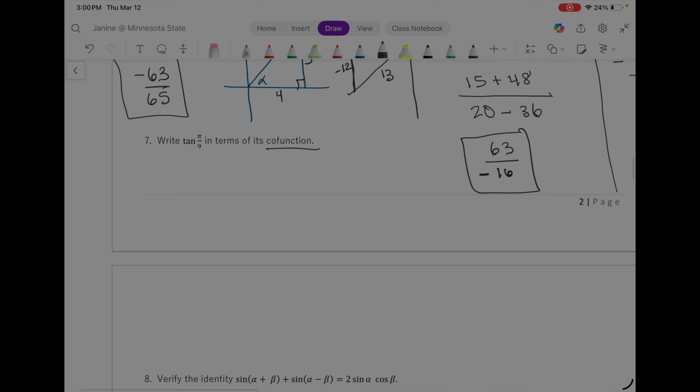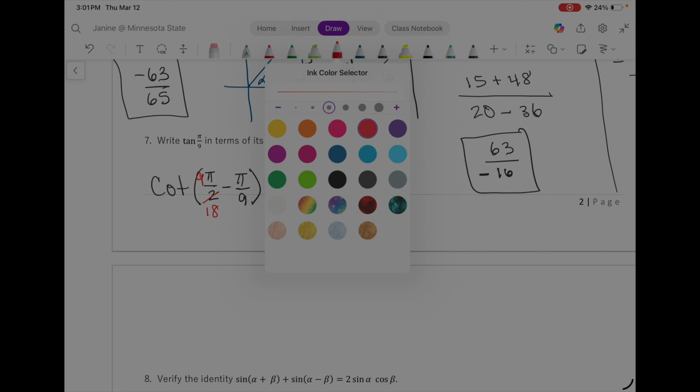The complement is you take your pi over 2, you get rid of that angle, and you see what's left. We'll have to get a common denominator, which will be 18. Excuse me, I didn't mean 19, I meant 18. This will be 9 over 18. This will be 2 over 18.